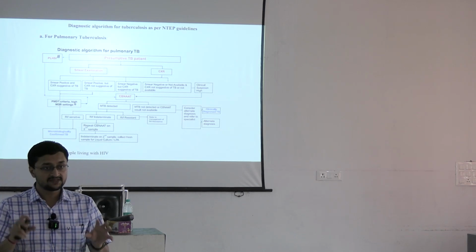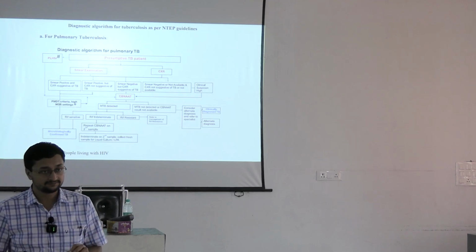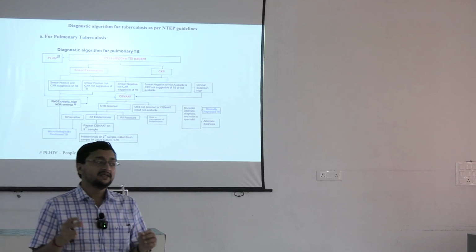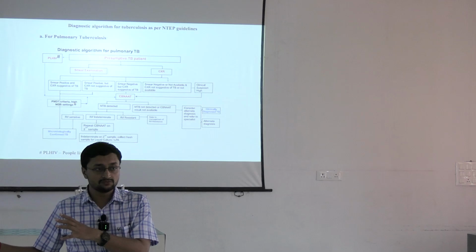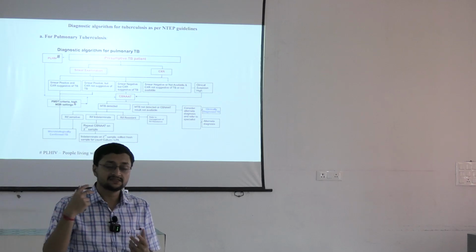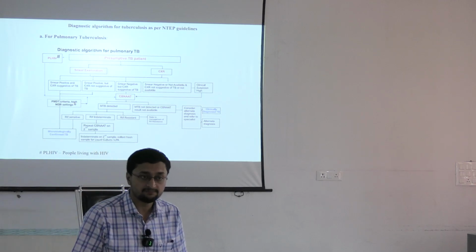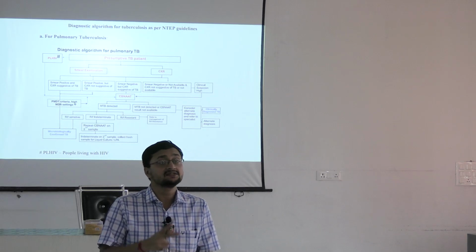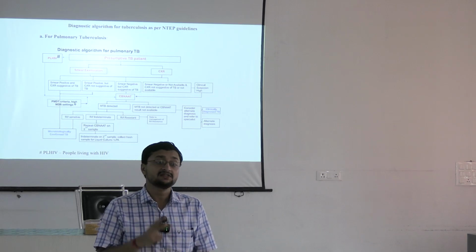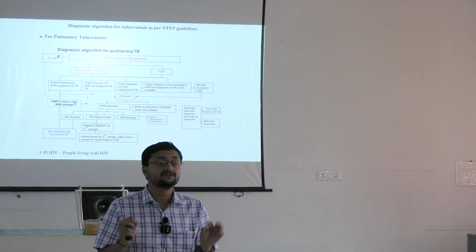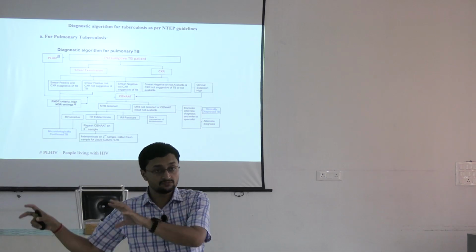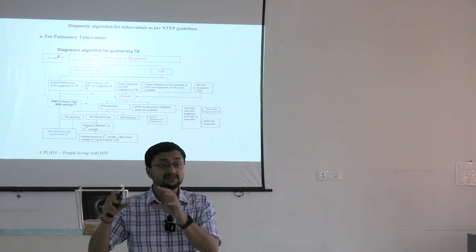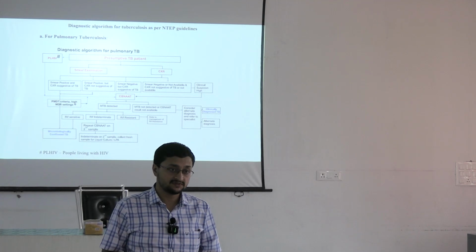In the other 2 scenarios, where the sputum smear is negative but the X-ray is suggestive, or both are negative and you are still suspecting tuberculosis, these are termed clinically diagnosed tuberculosis.